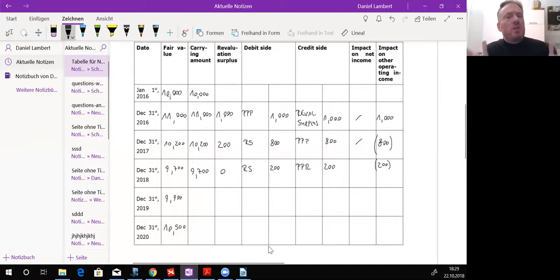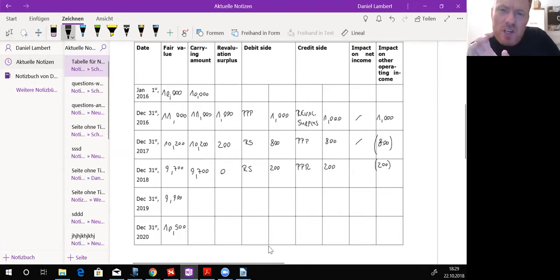But this is not enough, because we want to reflect the decline of the value of property, plant, and equipment by 500 euros, and we only reflected like 200. So what about the remaining 300? The remaining 300 are considered to be an expense. Before it was not, but now it's an expense.